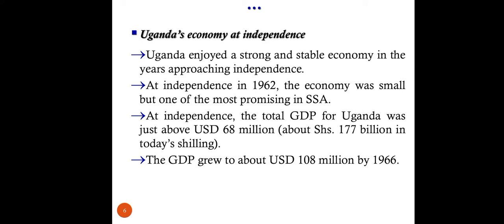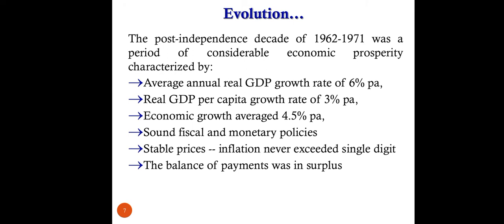So that is how fast the economy was growing at independence. The post-independence decade of 1962 to 1971 was a period of considerable economic prosperity characterized by, so these are the characteristics of the period between 1962 to 1971, the period after independence, right up to 1971.